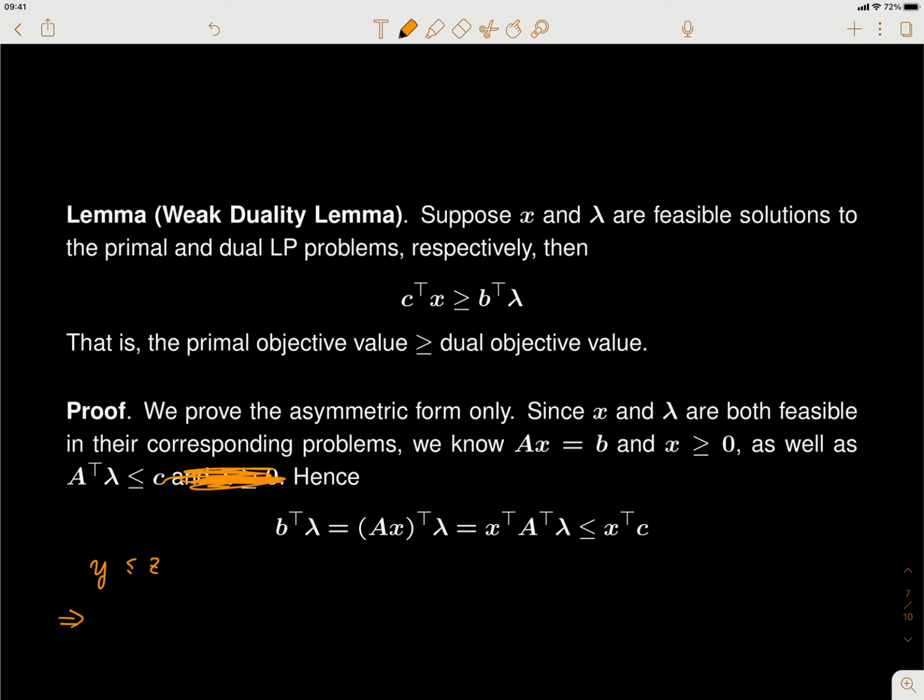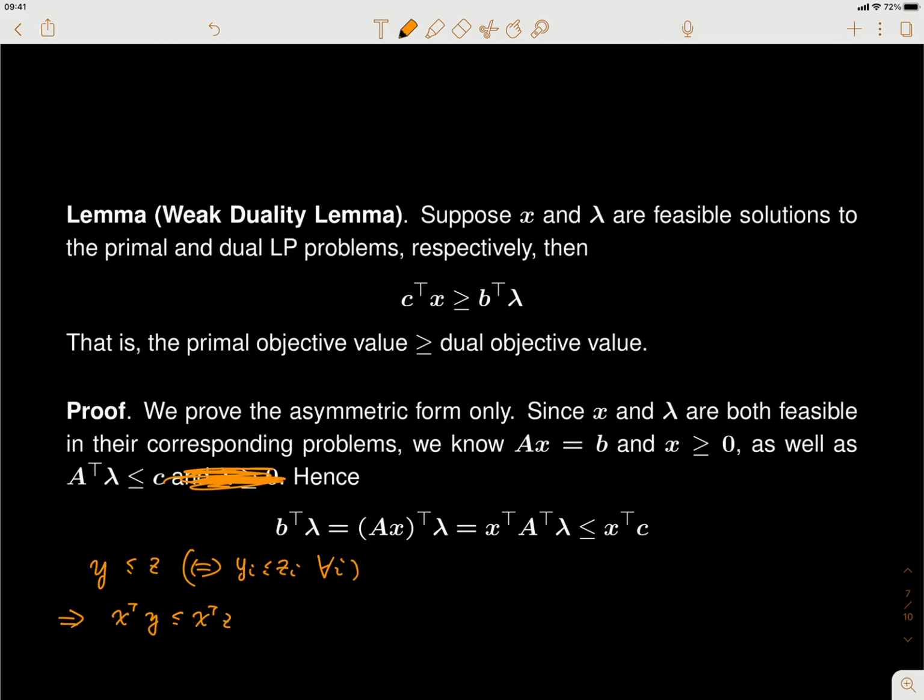When I multiply both sides by a non-negative vector x, y less than or equal to z means that yi is less than or equal to zi for all i. Multiplying by x transpose on both sides, I get x transpose y less than or equal to x transpose z.